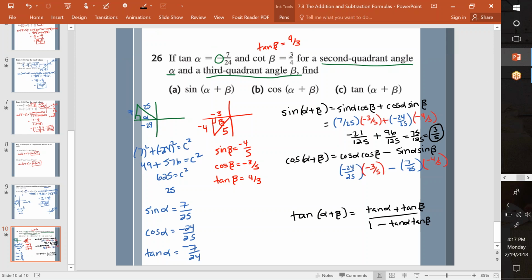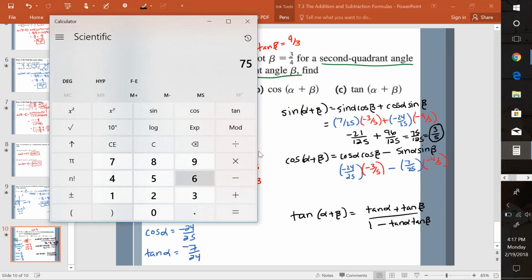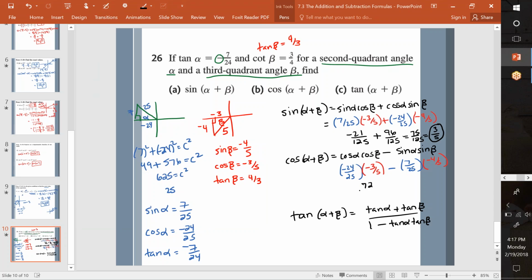So negative 24 times negative 3 is going to be a positive, so that's 72 over 125. Negative and negative again is going to make a positive, and that'll be 28 over 125. So we add those together. That's 100 over 125, which reduces down to 4/5. So cosine of alpha plus beta is 4/5.